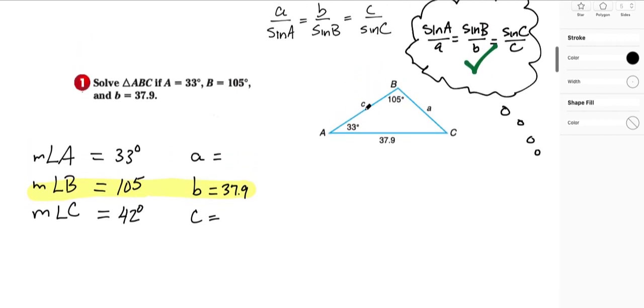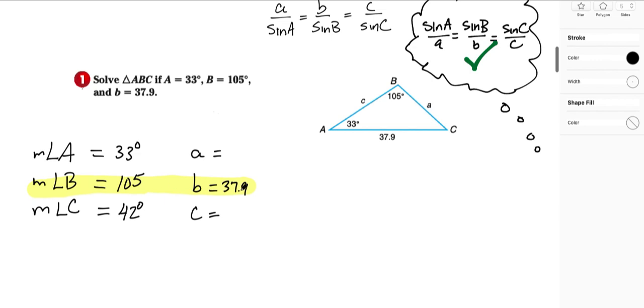So we've got the little formula here, and as usual, we've got to use what we've got to get what we want. So I'm going to start off with 37.9 over the sine of 105, and that's going to be equal to, so I need A and I need C, so let me start off looking for A. It's going to be equal to A over the sine of 33 degrees.